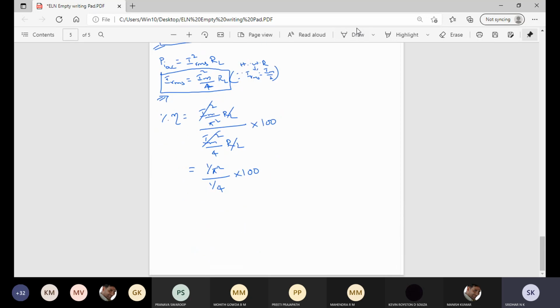Upon solving, you get 4 by pi square into 100. So what is the value of this? This will be 0.405 into 100, which is equal to 40.5%. So percentage of efficiency of half-wave rectifier will be 40.5%.